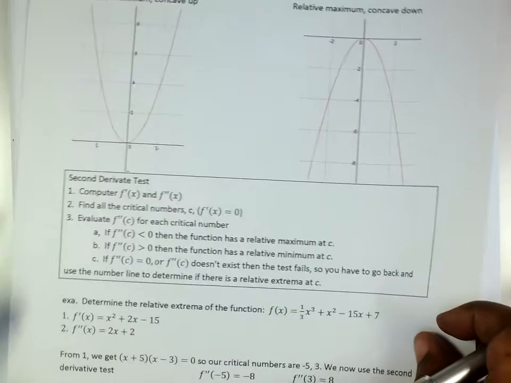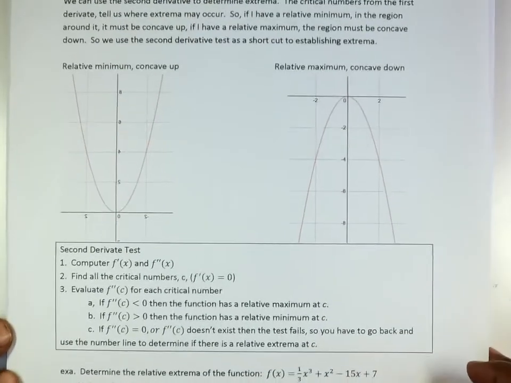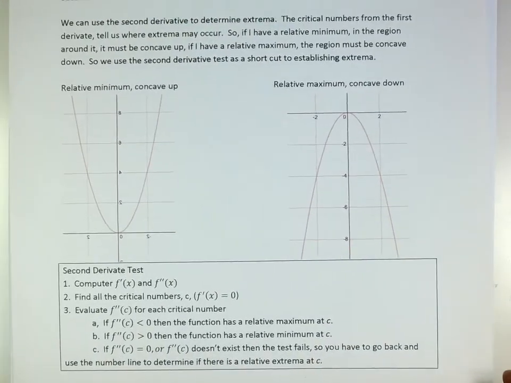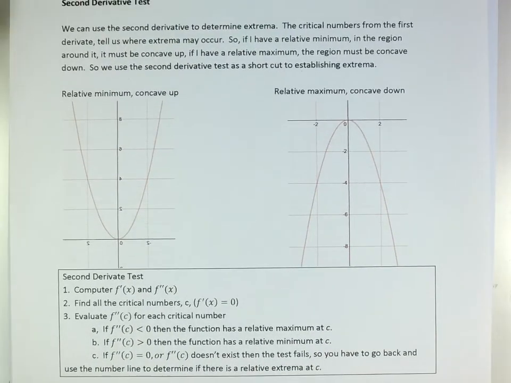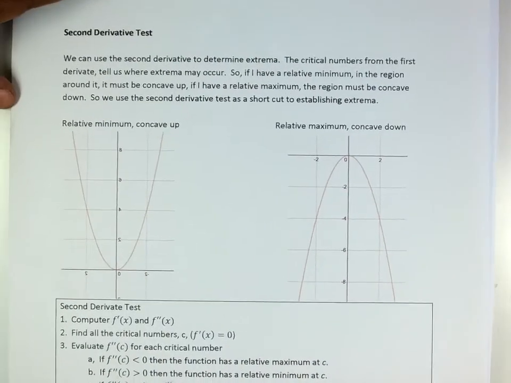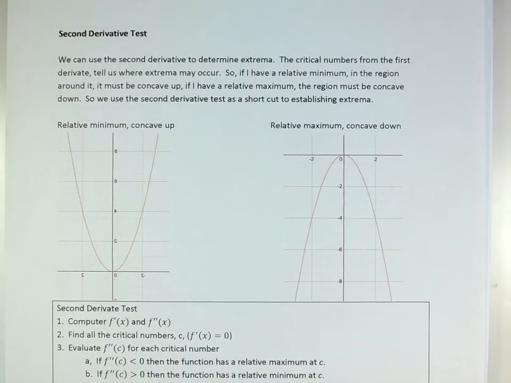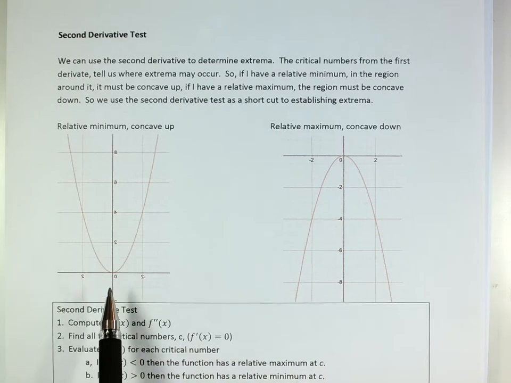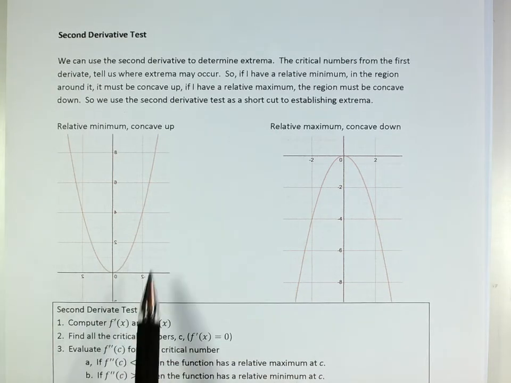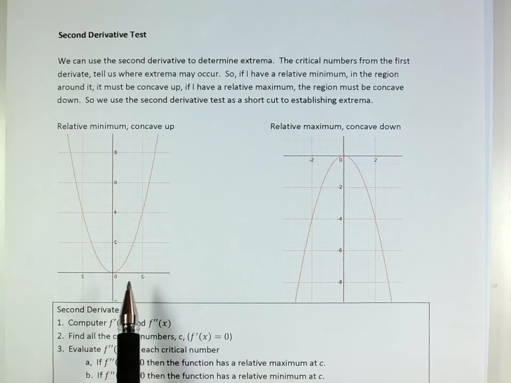And then the last piece of this section is the second derivative test. So what's really cool is we can use the second derivative to determine whether we have relative max or mins. So here I just have the graph of x squared, and it's facing up, and we have a relative min here.